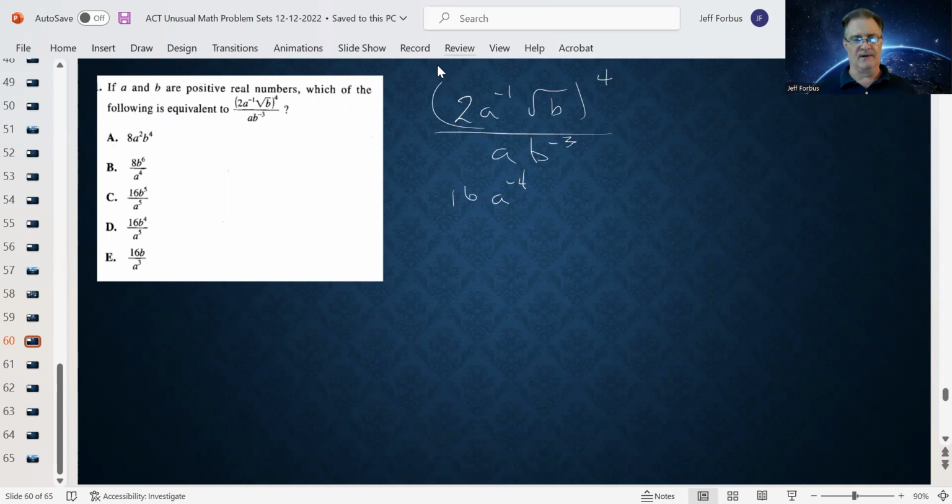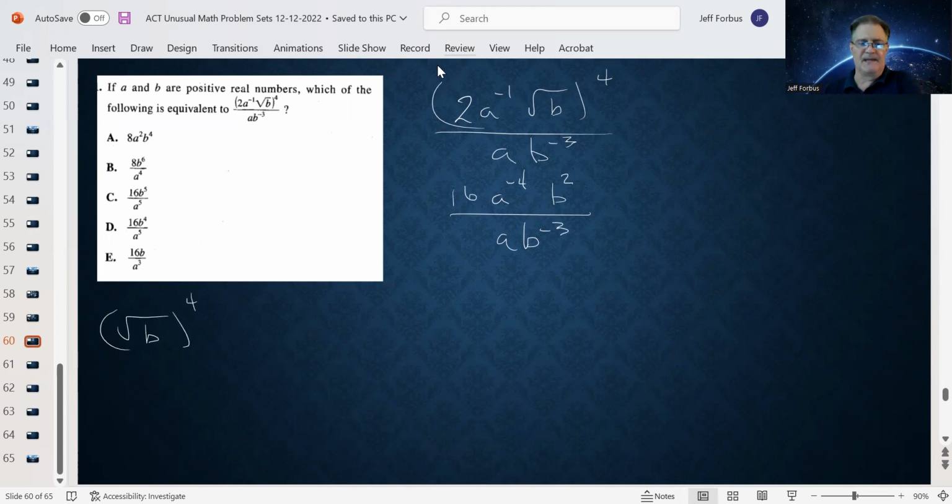I'm going to write this over here below the image so we can talk about this. Because what it ends up being is b squared. And let me show you mathematically why it's b squared. All right. So the square root of b raised to the 4th power.